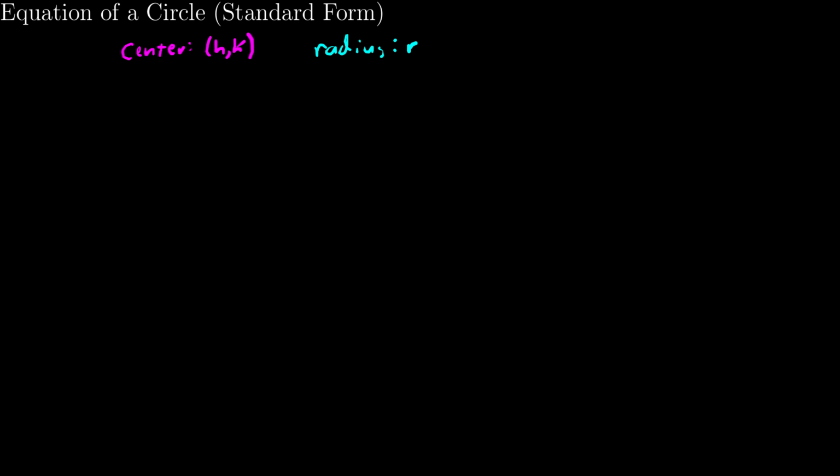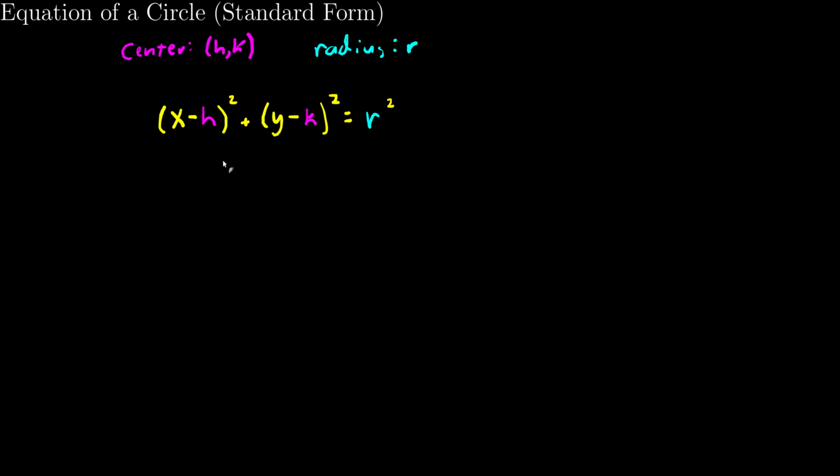And so my equation will be this: (x - h) squared plus (y - k) squared equals r squared. And things to stress.